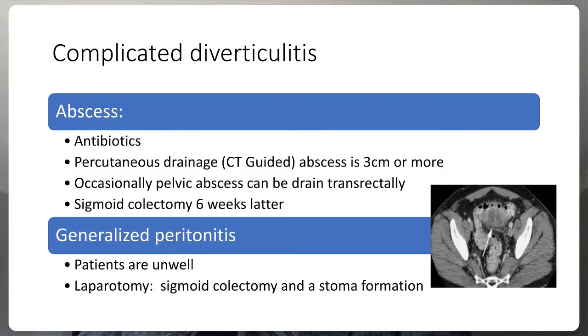These patients might benefit from a sigmoid colectomy, but the majority of people who get admitted with diverticulitis will follow the conservative, non-operative measures, and we generally recommend doing a colonoscopy for every single attack of diverticulitis, unless the patient had a recent colonoscopy, and by recent it just means basically the last 2 years or so.